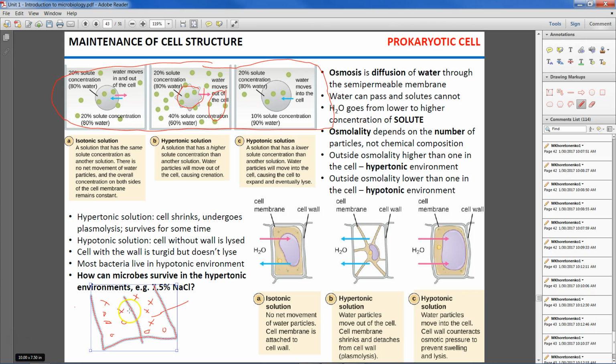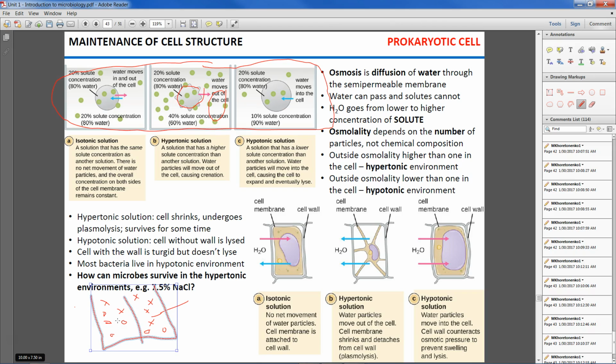So it goes from high water to low water, which actually is the same as low solute to high solute. Does that make sense? Okay? Think about men. If you have 2 bars, one is little beer, one is a lot of beer. They will go to where a lot of beer is. That's it. Okay? That makes sense?